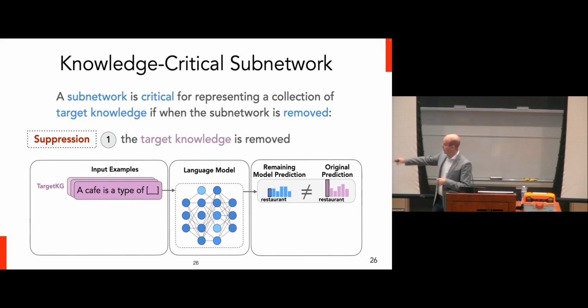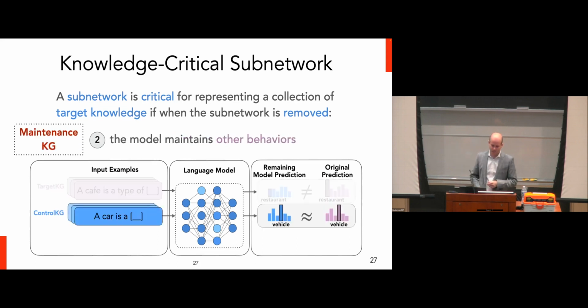More specifically, if we have a set of knowledge that we're going to call target KG, a target graph of knowledge, which is on the left here, we're going to try to find a way to snip this network in the middle here, such that when we remove that subnetwork from the model, it should no longer make the same predictions about what the knowledge that follows that particular prompt actually is. In other words, for a prompt such as "a cafe is a type of blank," we should see a drop in likelihood on what the correct token that finishes that prompt actually is.